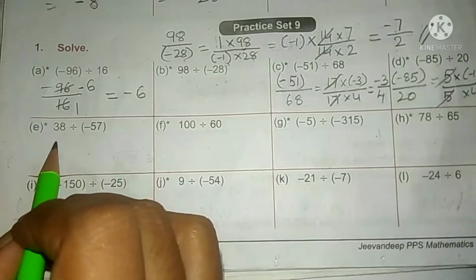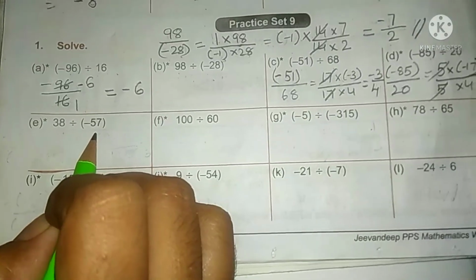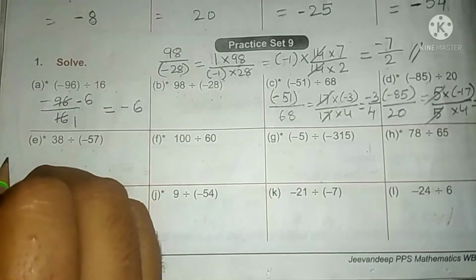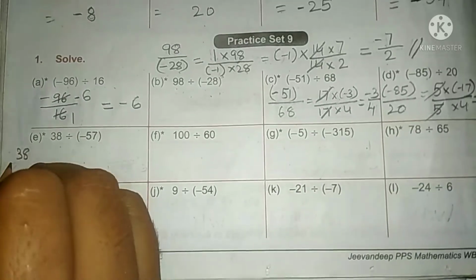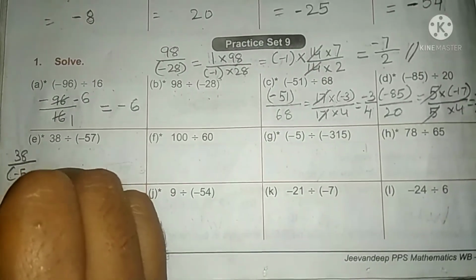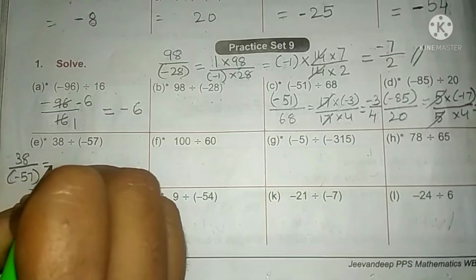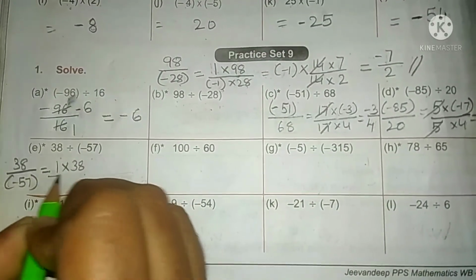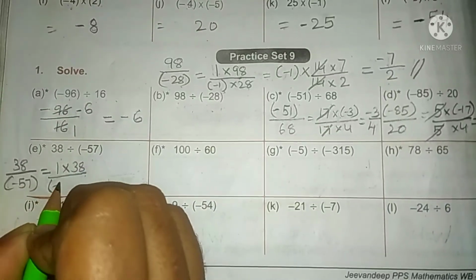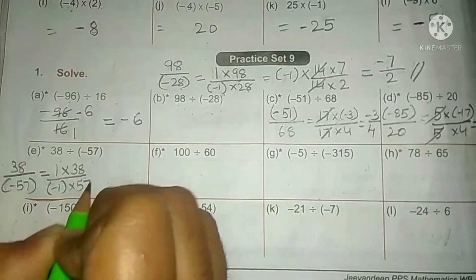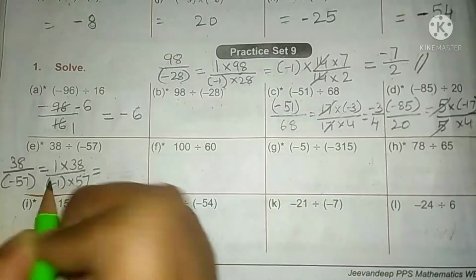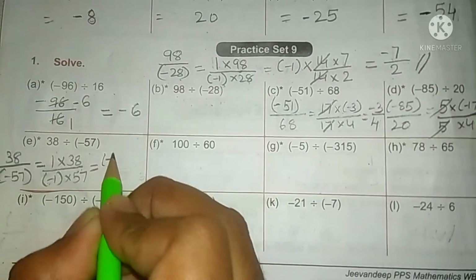Now see the next one. Here 38 divided by minus 57. Again our denominator is negative. So first we have to multiply by minus 1, so minus 1 multiplied by 57. First we divide 1 upon minus 1. What will you get? You will get minus 1.